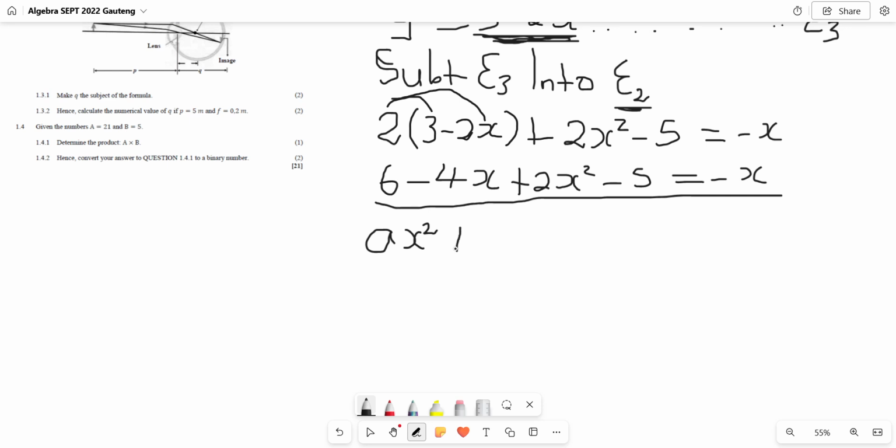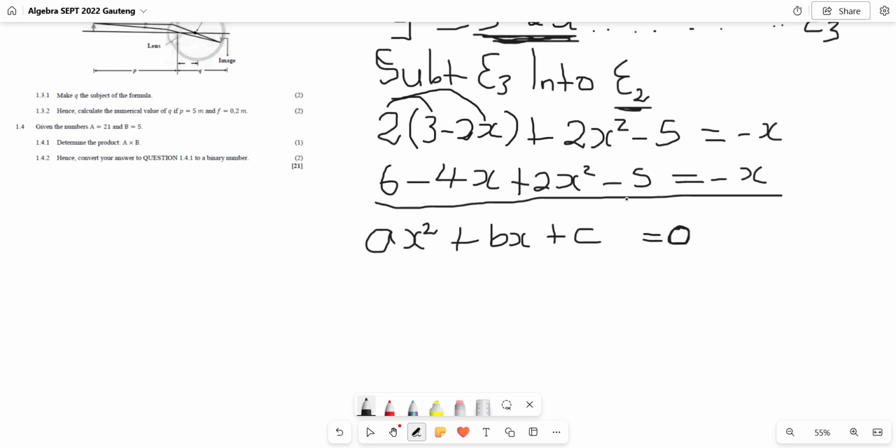Then it says plus bx. We need to have a term with an x as the second term, and we have plus c. What is c? A constant, a number without any variable. That is said to be equal to 0. Meaning that on the left and on the right hand side of our equation, we only want to see a 0. Now here, on the left hand side, we already have a term with a square.